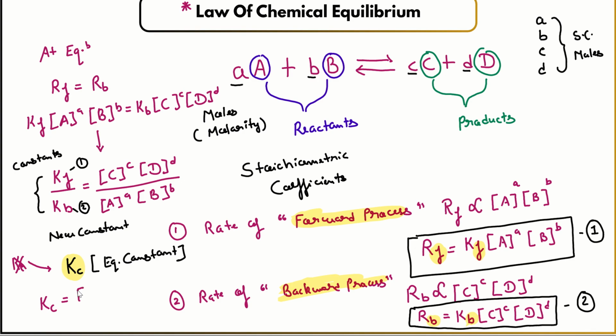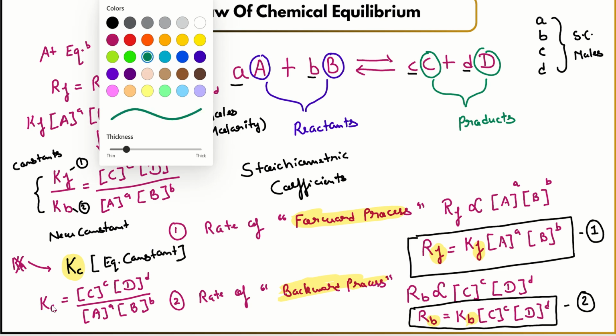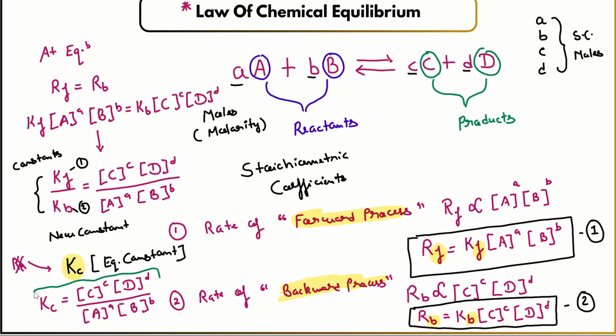So Kc, the equilibrium constant, will become [C]^c [D]^d upon [A]^a [B]^b. So this thing we are getting is known as the equilibrium constant. I hope you have understood everything correctly and have not got confused.